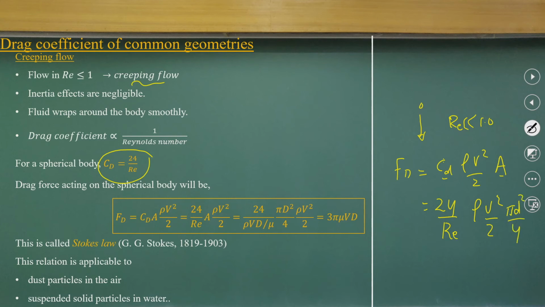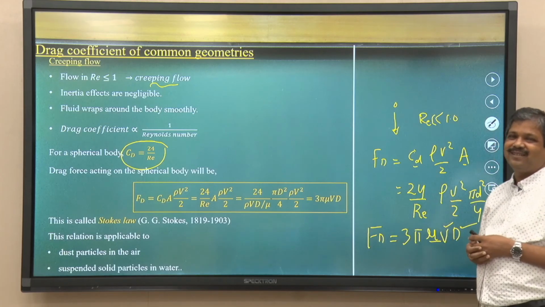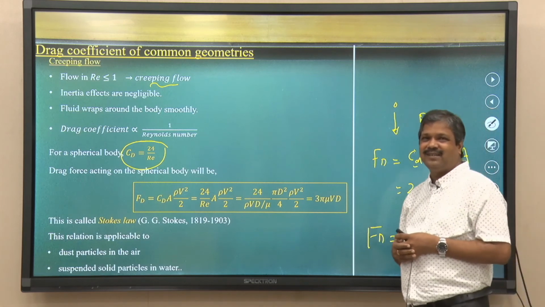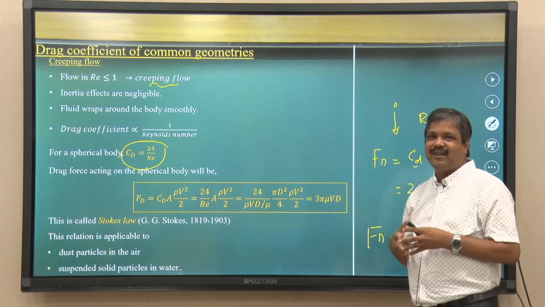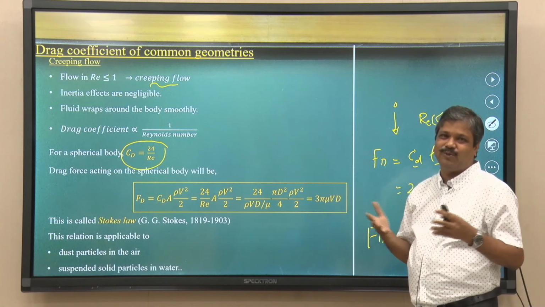Substituting the Reynolds number and everything, finally with a simple equation you get the drag proportional to V and D. That means the drag force is directly proportional to velocity, diameter and the dynamic viscosity of the medium in which the dust particles are falling down. You also know that the dynamic viscosity of air changes with temperature.